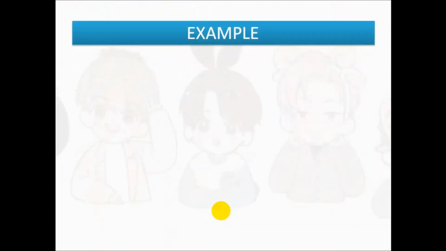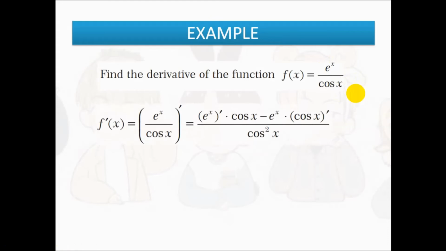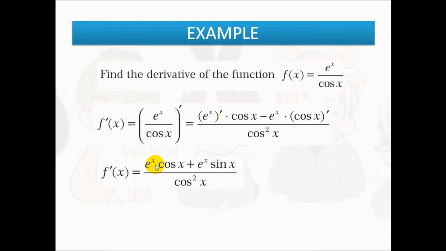Let's see the example. Find the derivative of the function f(x) is equal to e to the power x over cos x. The first derivative uses the quotient rule: the derivative of e to the power x is e to the power x, times cos x, and then e to the power x is the same, and the first derivative of cos x is equal to minus sine x.